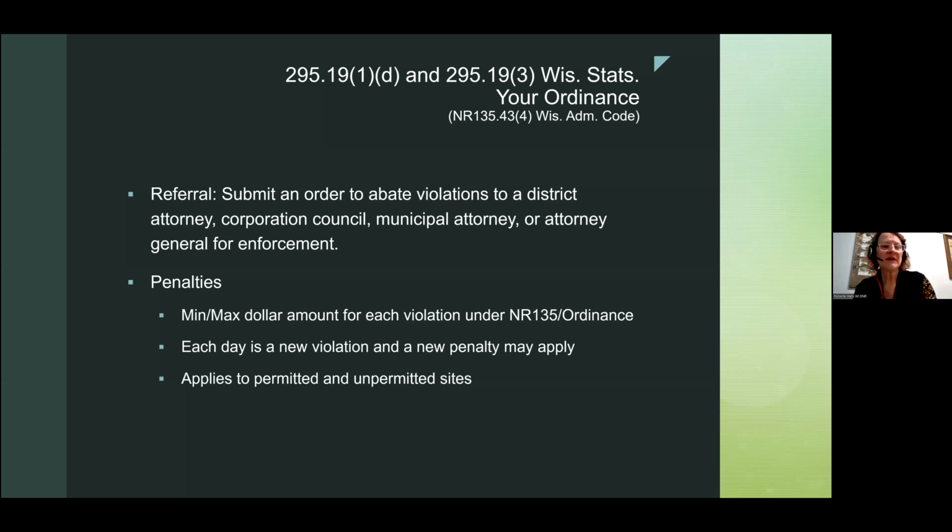Under the next section, under State Statute 295-19-1D, you have the ability to refer a matter to a higher authority. Like DNR, most counties are part of the executive branch of government.